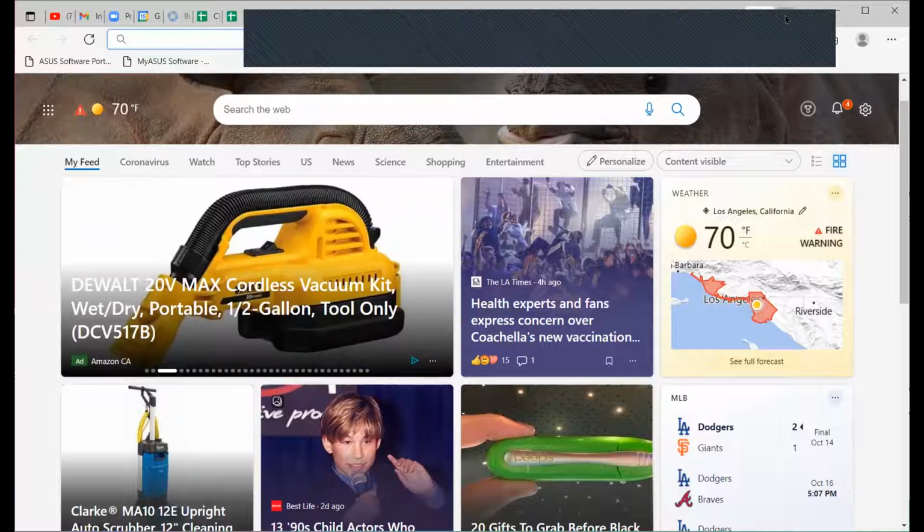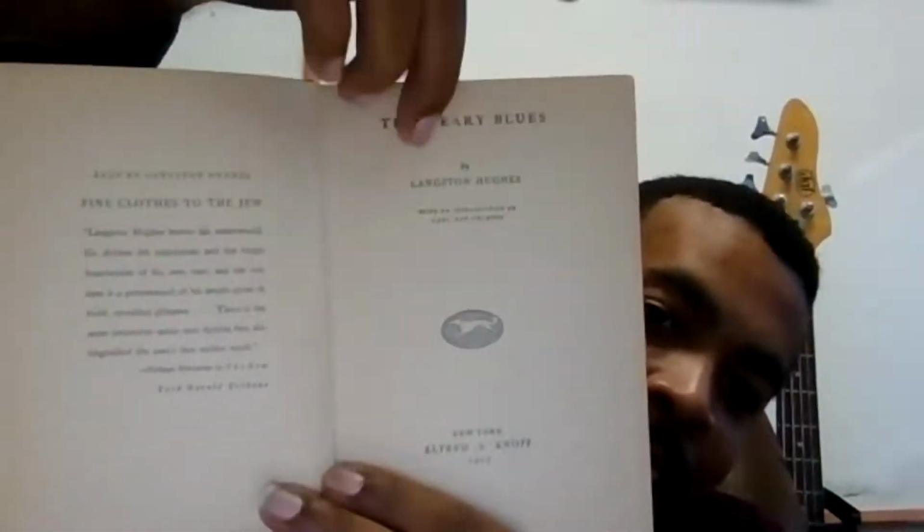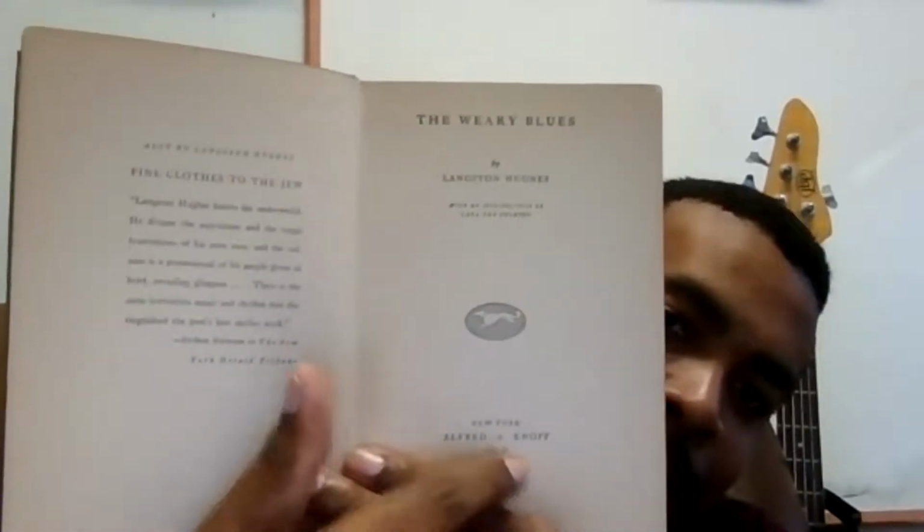And so let me stop sharing screen with you. So now I'm going to read the book. So I'm reading the cover, The Weary Blues, the spine, and at the bottom it says Knopf, right? So when I go inside the book, I'll go to the full title page, and it says that it was published by Alfred A. Knopf, right?